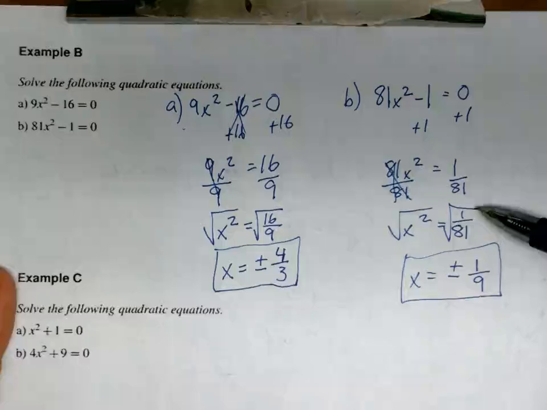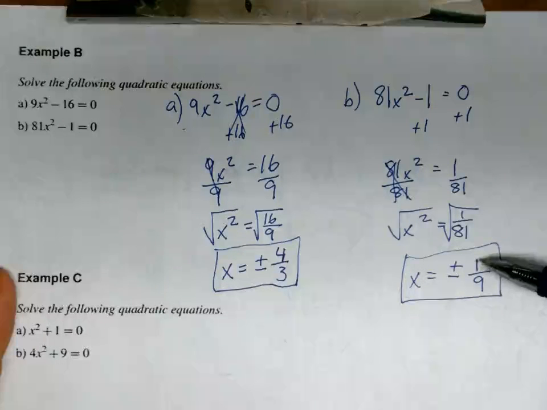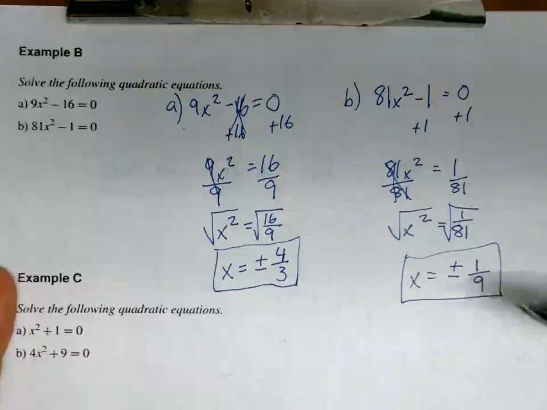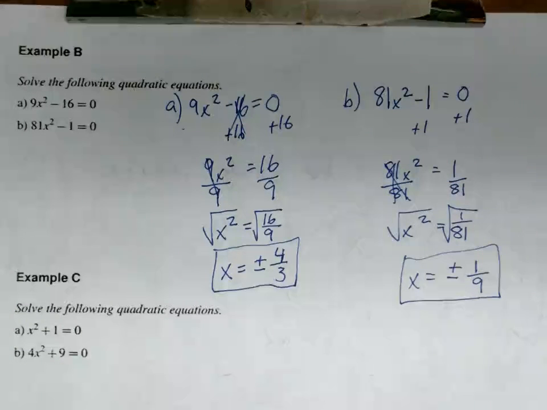Notice that the square root of 1 is still 1, and the square root of 81 turns into the 9.